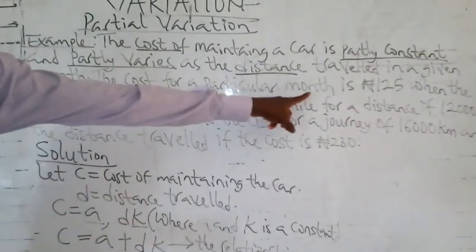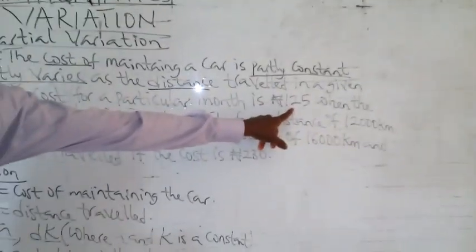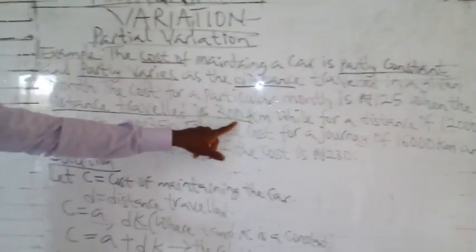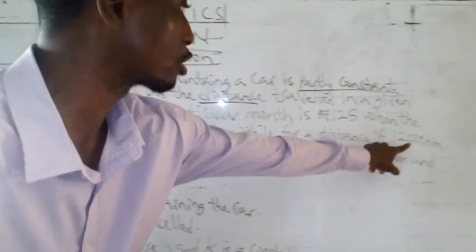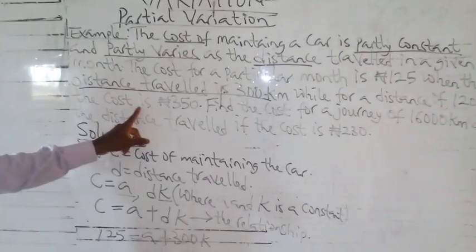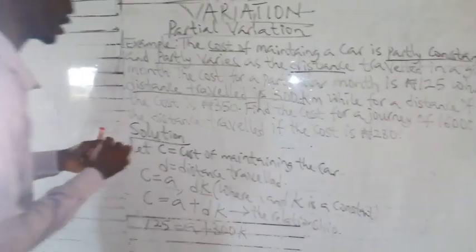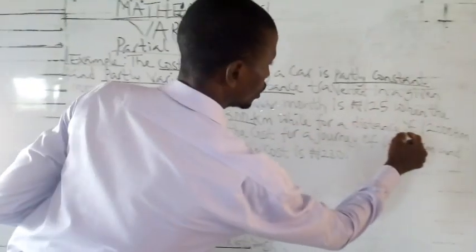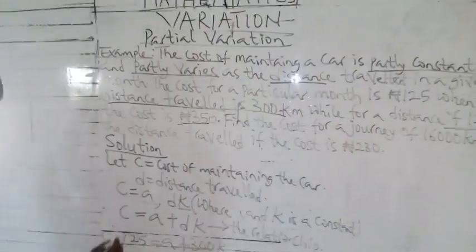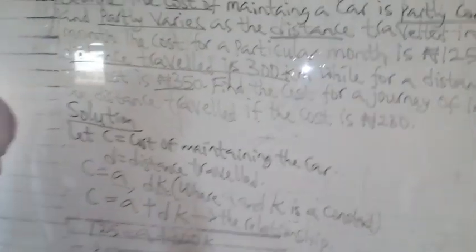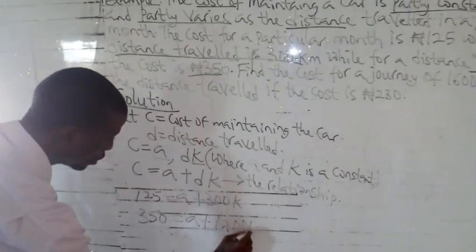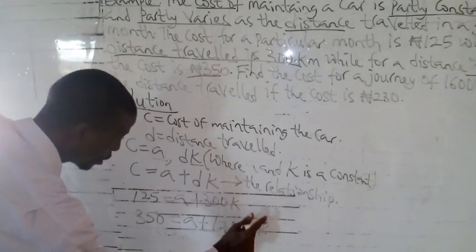They said the cost for a particular month is 125 naira when the distance traveled is 300 kilometers, while for a distance of 12,000 kilometers, the cost is 350. It means that 350 equals A plus 12,000 K.